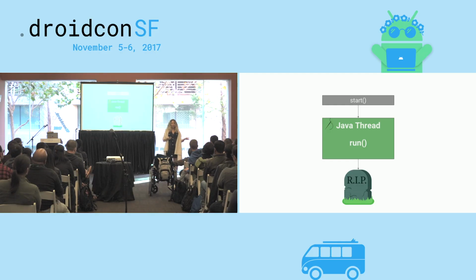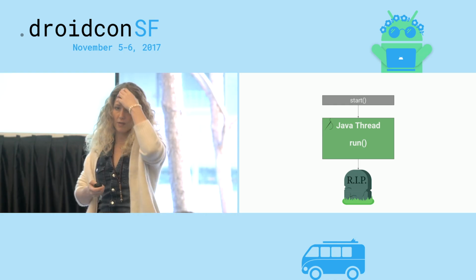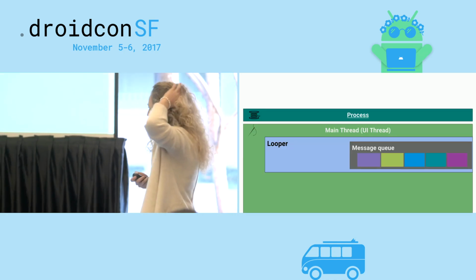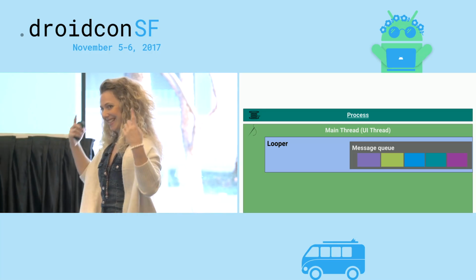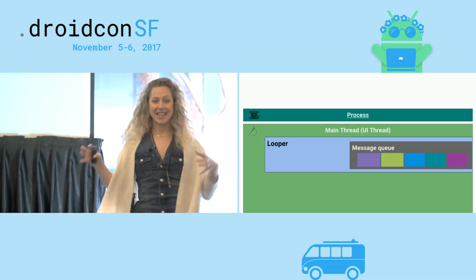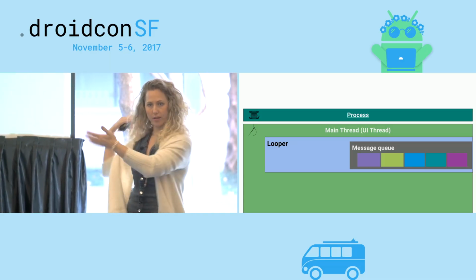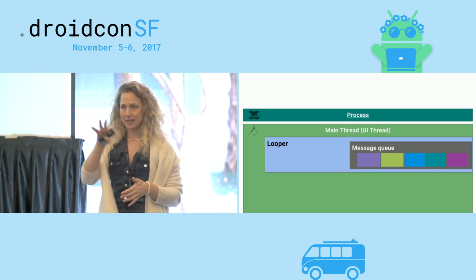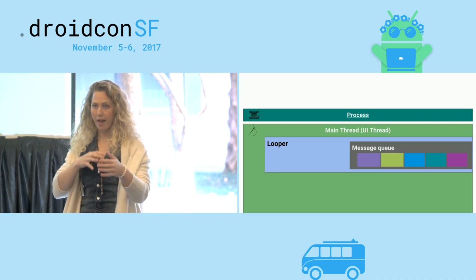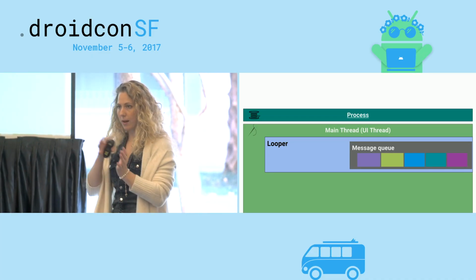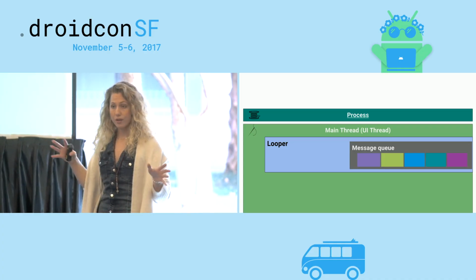So what we need for that is some kind of loop to keep it alive all the time. So we actually have a specific person who's in charge of this kind of loop. He's called the looper. Makes sense. And he holds the message queue with all the tasks that we saw before. He is going to run through them, schedule them, and make sure that everything happens on time.